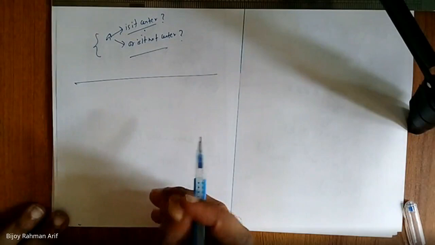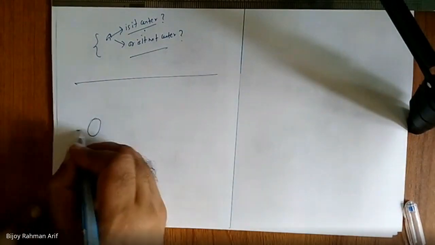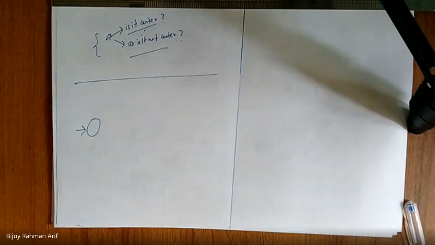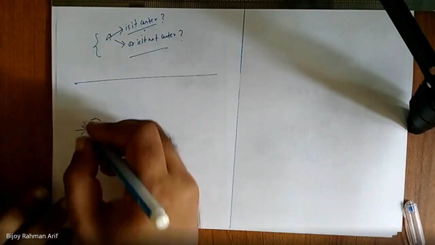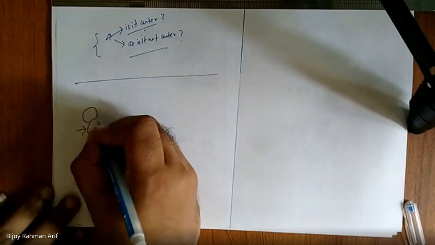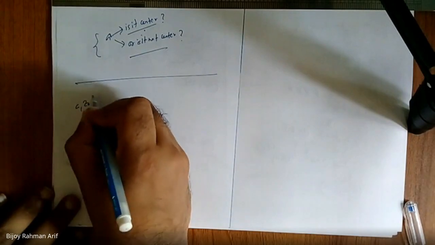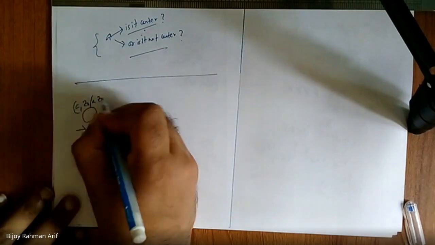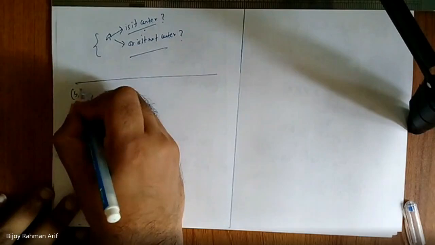How can you draw this? Starting from here, A or B will be pushed onto the stack. A, Z naught, then B, Z naught.